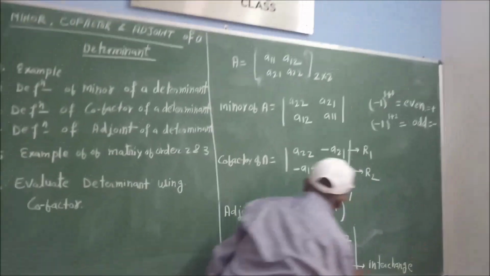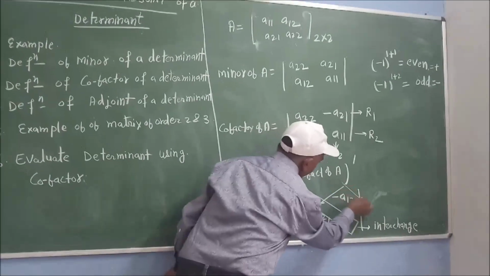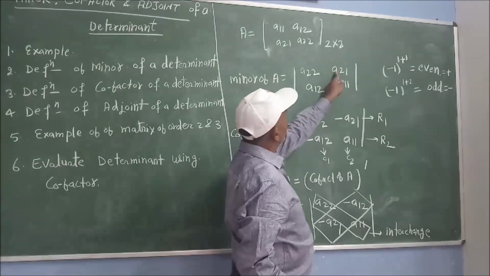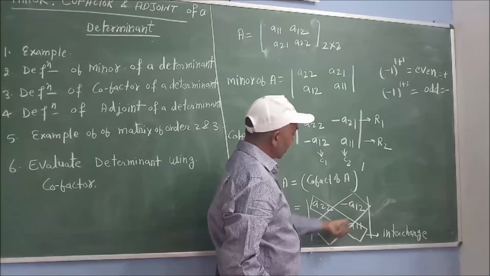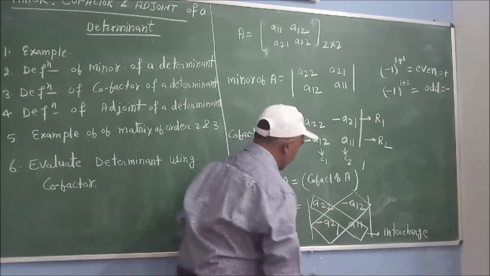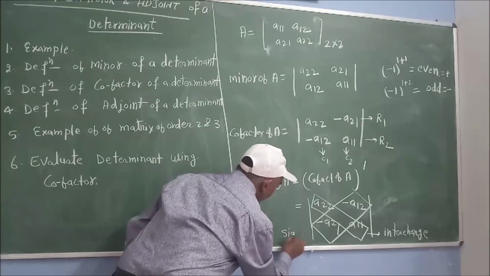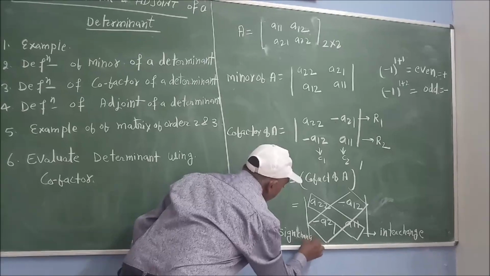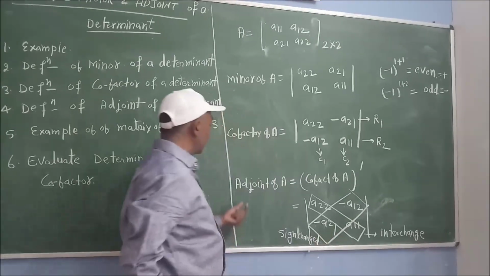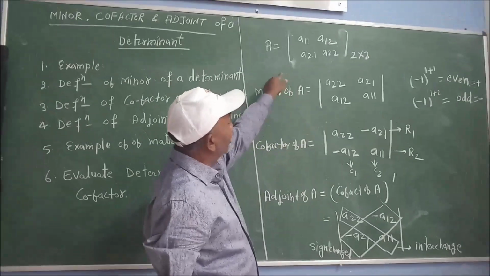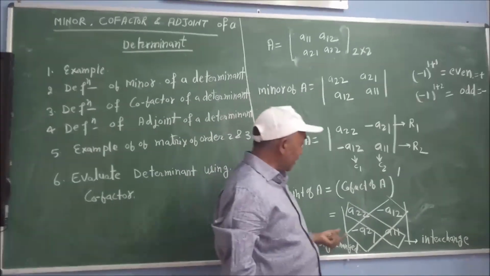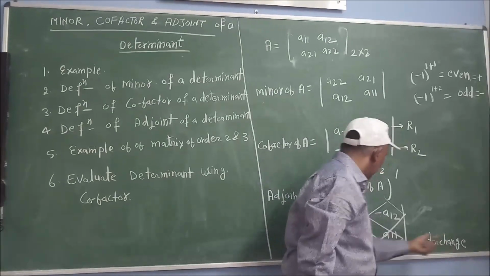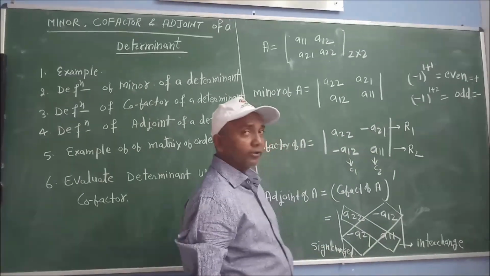And again, see here, minus A21 and minus A12: the elements are in the same position, but the sign is changed. So while getting the adjoint of a 2 cross 2 matrix, this diagonal is interchanged and the sign of the other diagonal is changed.